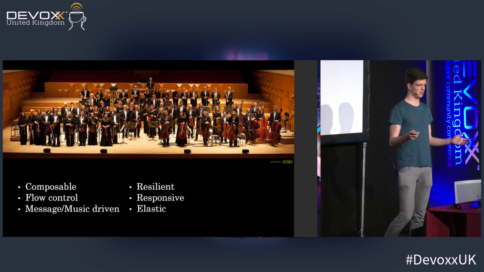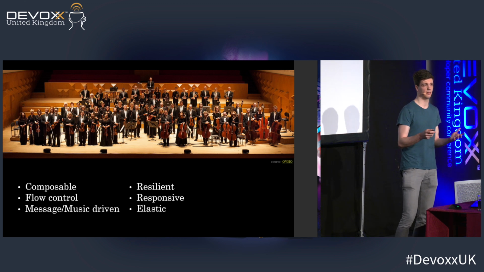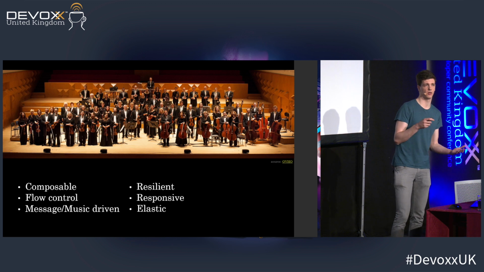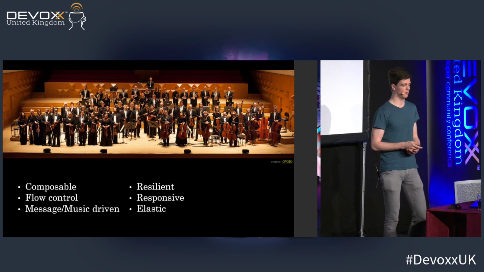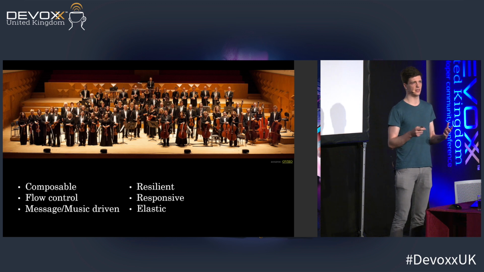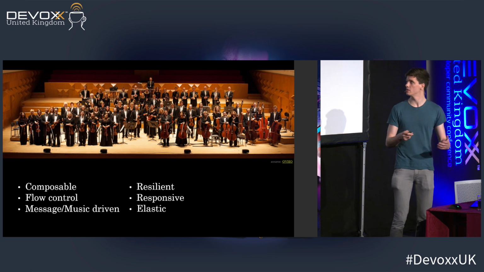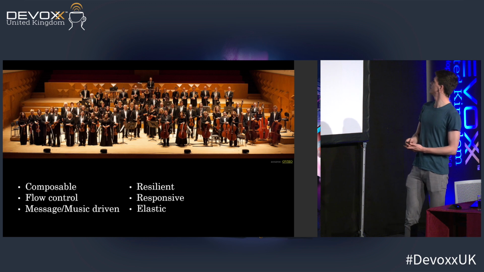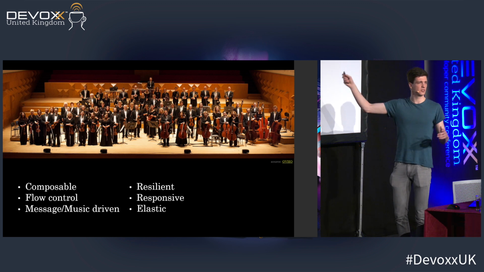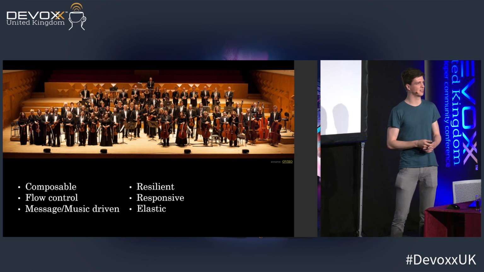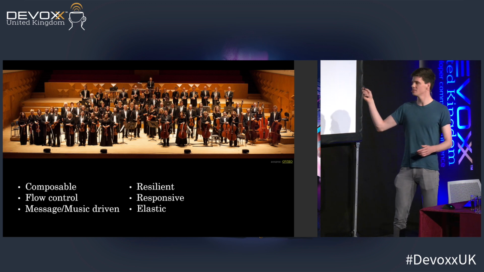It's elastic, which basically means they could play really softly, with only a few members playing, or they could play really loud, with a bunch of the players playing, and it sounds like music all the time. One of the analogies I like to use is this orchestra. I watch this orchestra sometimes because my mother is a choir singer, and they do backup sometimes.